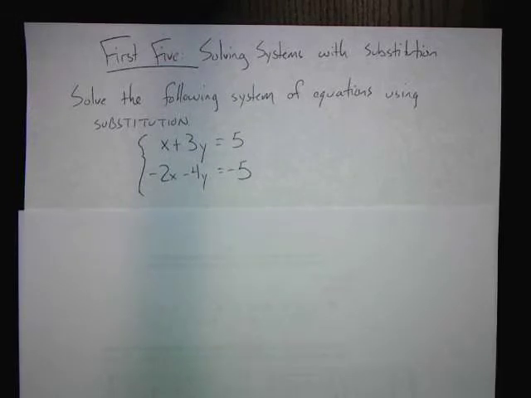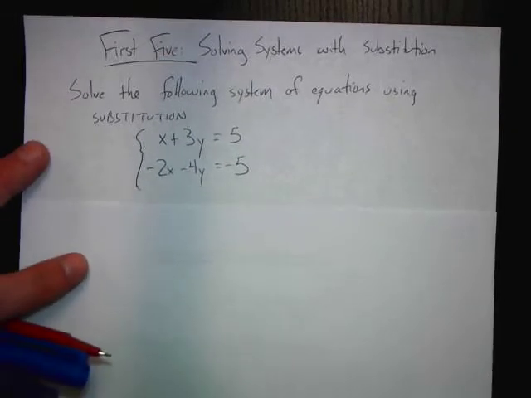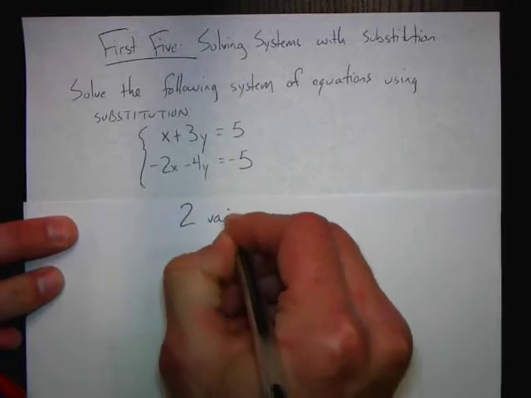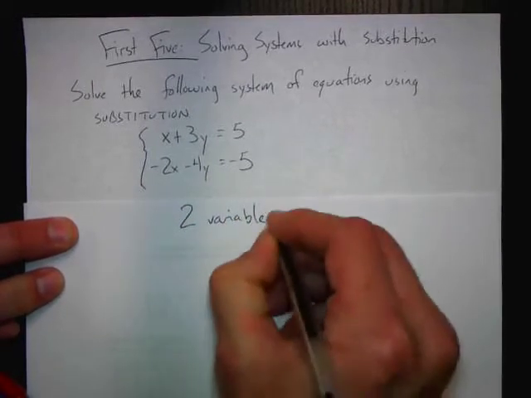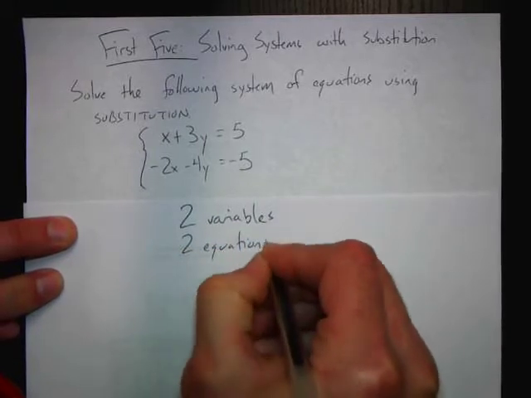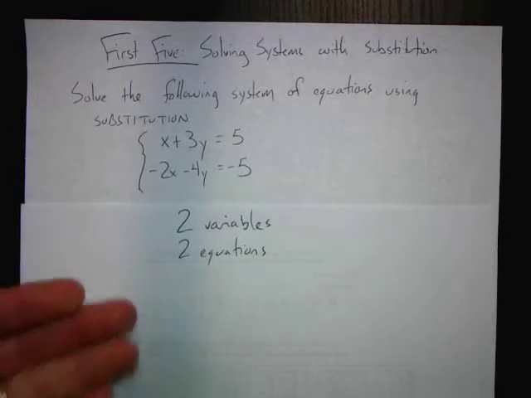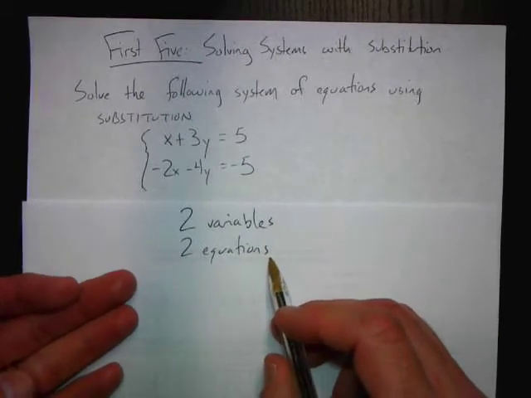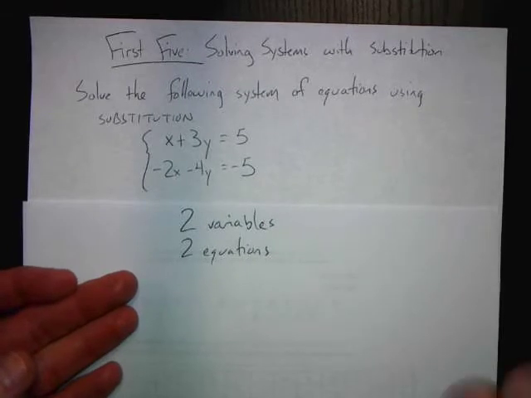So here's how that works with systems. We have two different variables, and we have two different equations. So what we can do is use both of those equations, isolate one of the variables, and then work with only one variable.